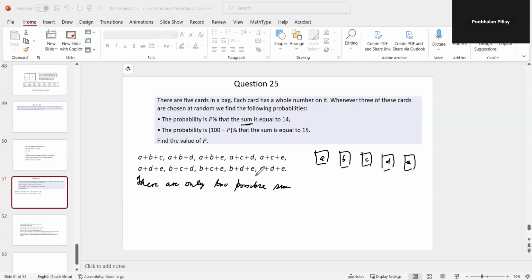All right, now, these are the sums now. So A, B, C, D, E, right? When you add any 3 of these, you're going to get either 14 or you're going to get 15. Now, I just want to point out here that you can't have 3 different numbers. Let's say you can't have A and B and C all different. Suppose all different.